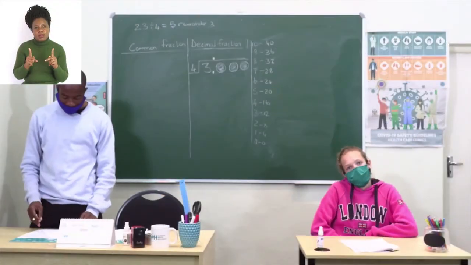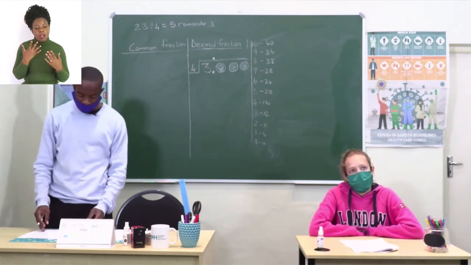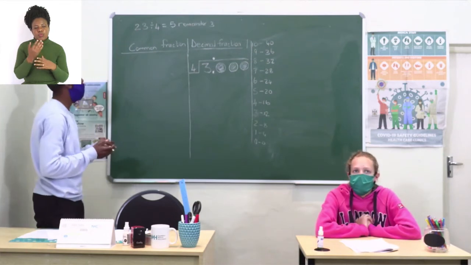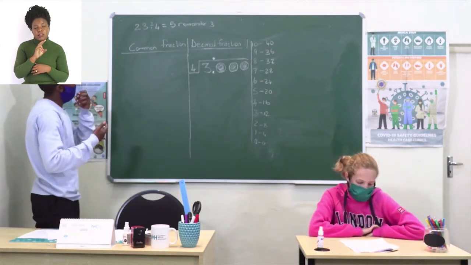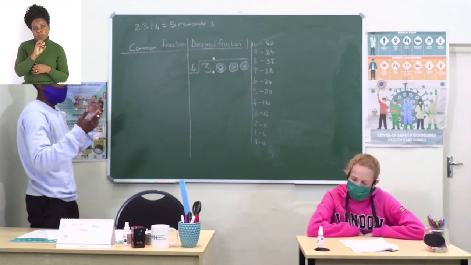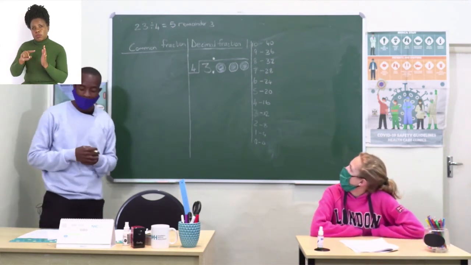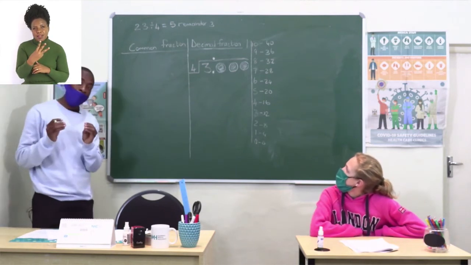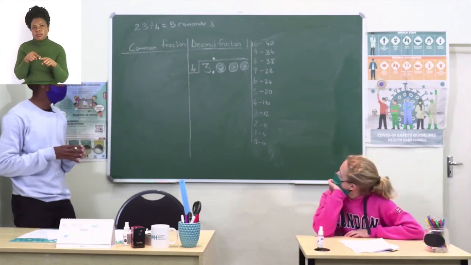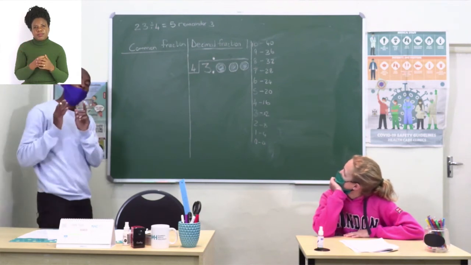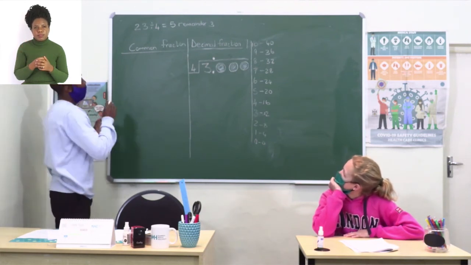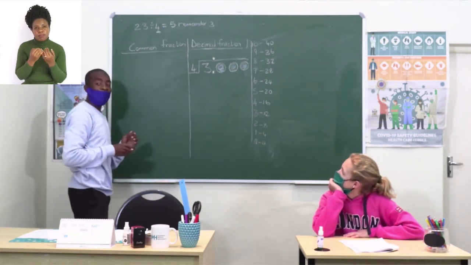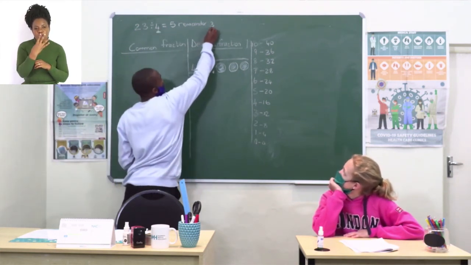Now, let's see how we are going to tackle our activity. If you look at our activity, there's something like this. For example, it will say 23 divided by 4 is equal to 5 remainder 3. Please remember what I said in the beginning. Your focus point in this case is these two numbers: 4, which is your divisor, and your remainder.